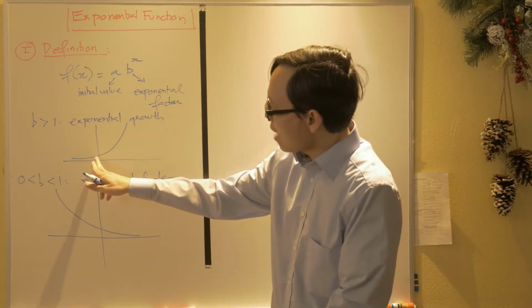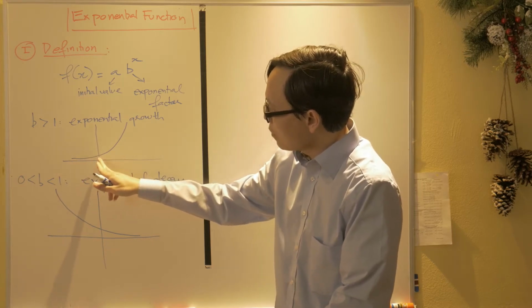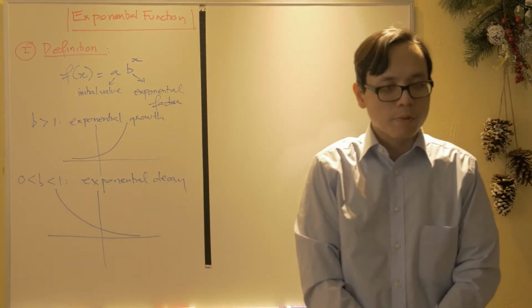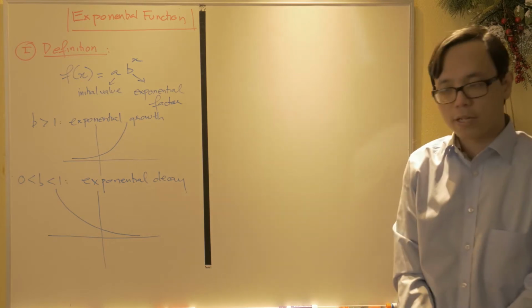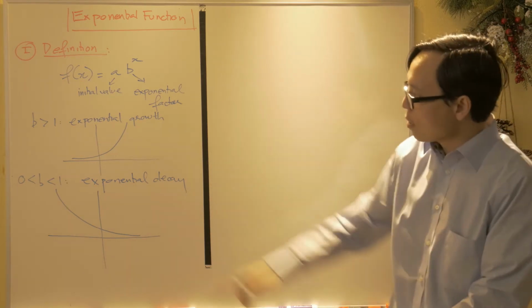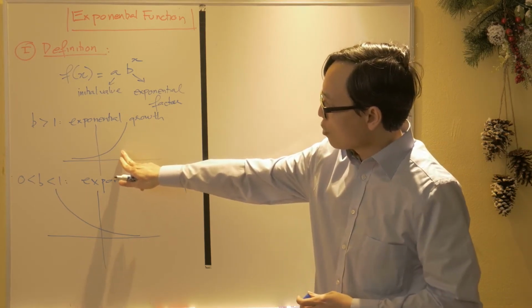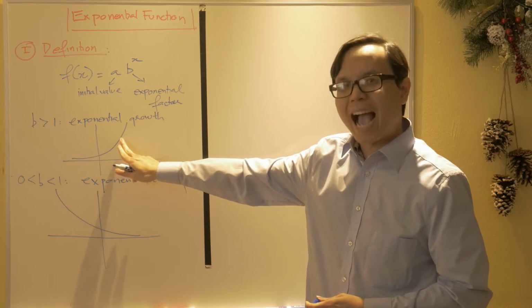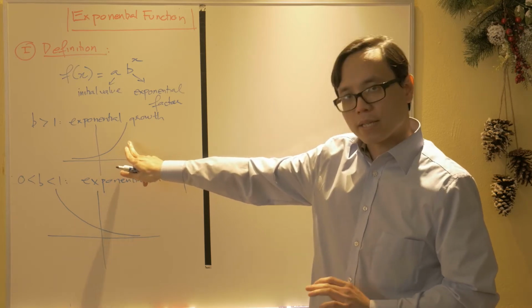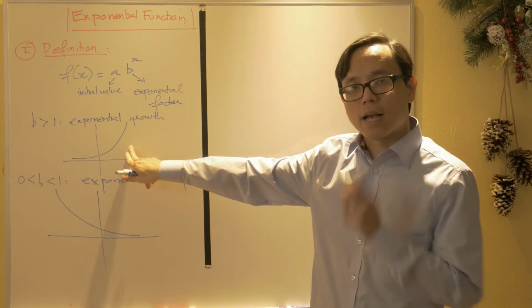So we don't have this part right here. However, it's still considered exponential growth, an exponential function. So the expansion of our universe can be modeled by this curve. I wouldn't say 100% like this, but it's about 95% like this.